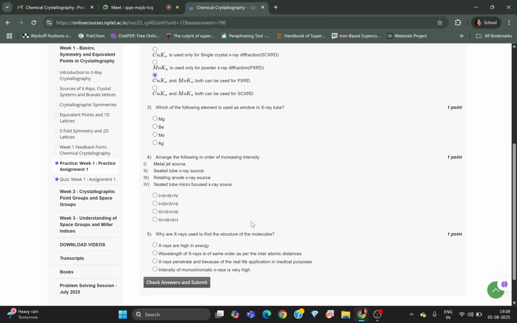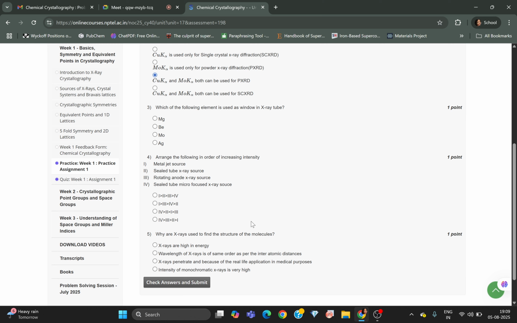Now the fourth one is a sealed tube micro-focused X-ray source. It has higher intensity than the standard sealed tube X-ray source, which is number 2, due to the concentrated spot size, because it's the micro-focused source. So it has a moderate intensity.